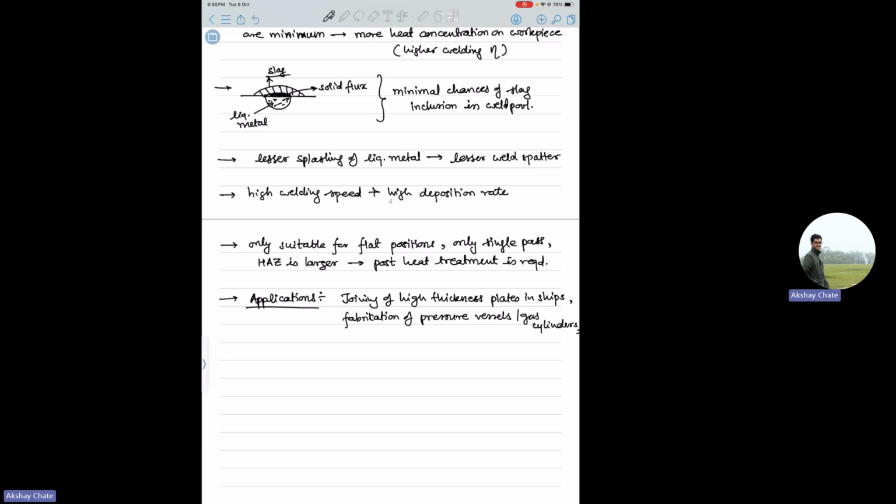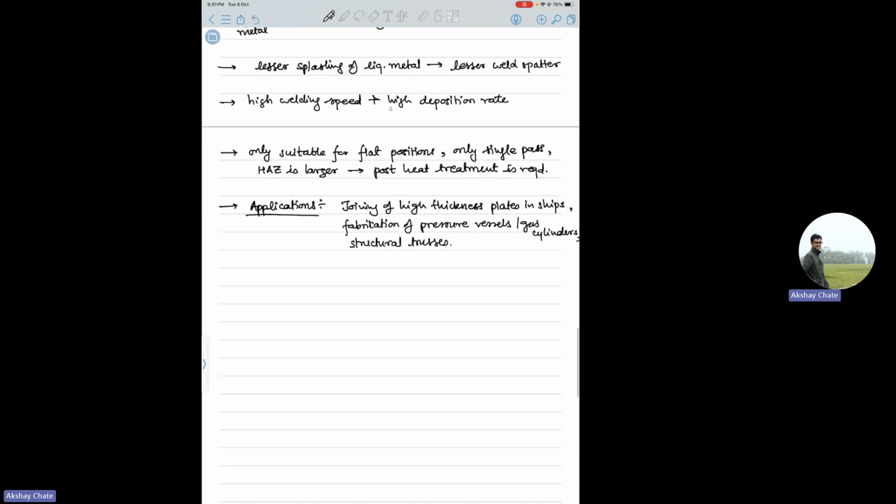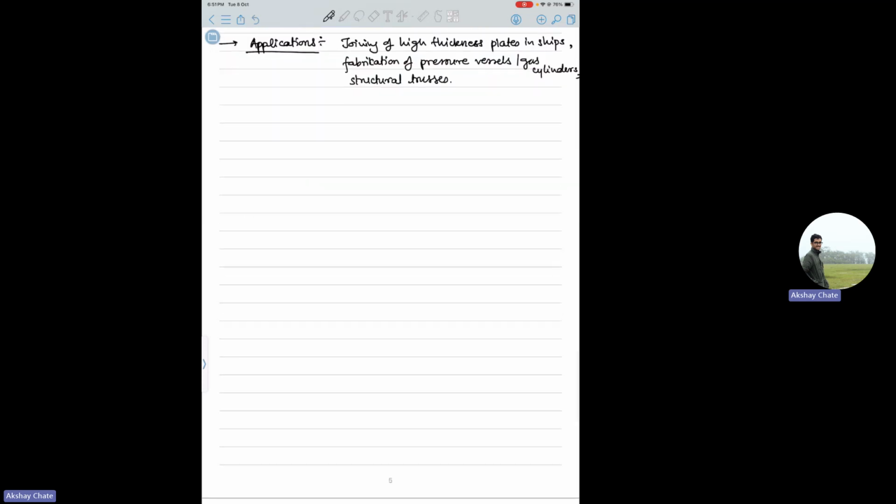Those are made by this one. And structural steels. So these things are usually made by submerged arc welding. So this is one of the important ones. Okay, so this is about arc welding techniques.